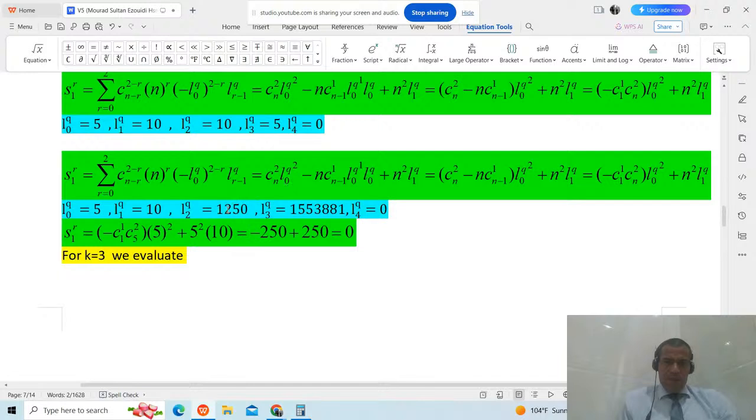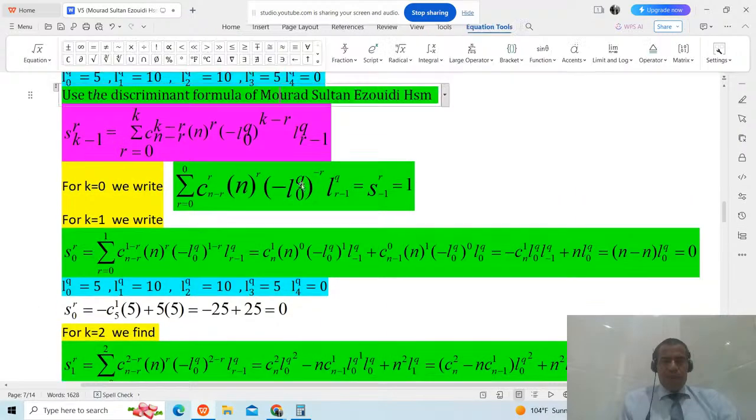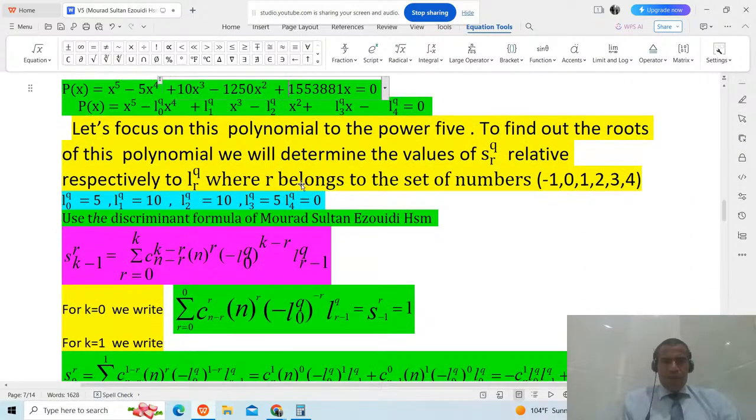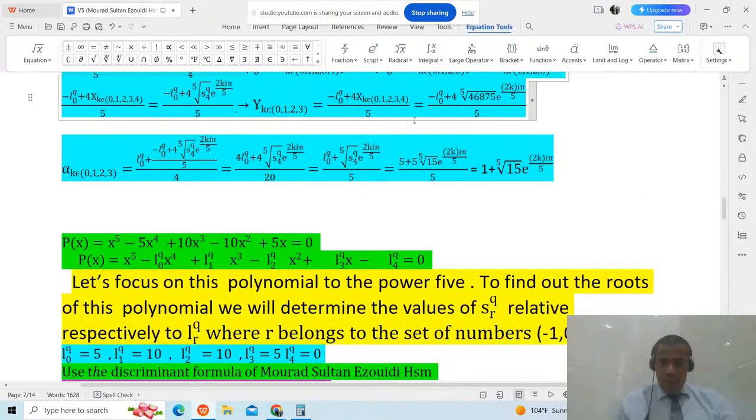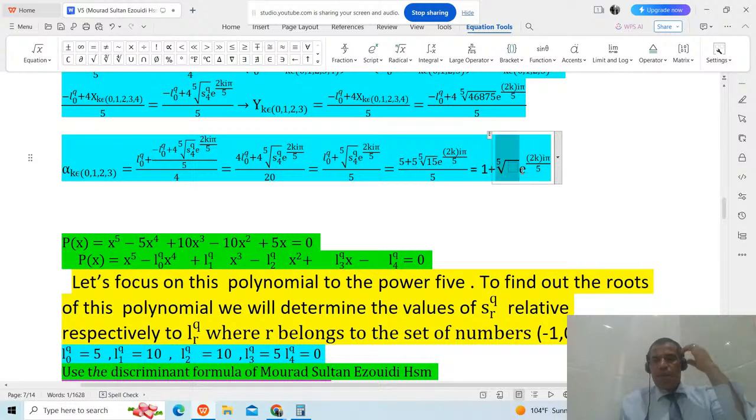We changed it, I don't know why it doesn't save it. So I already changed it, learners. So we said these are the roots, this is 5.